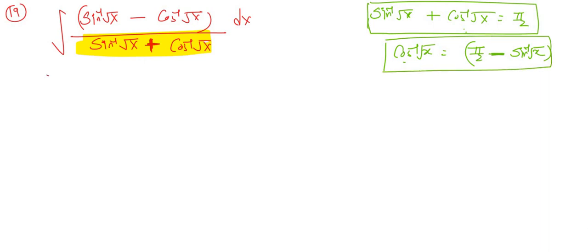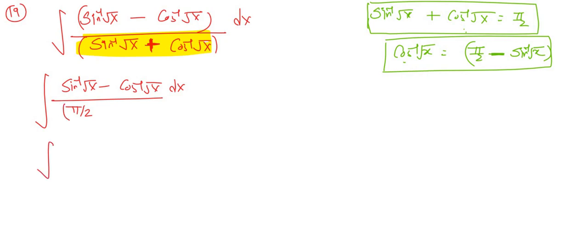Okay, let me use it here. Top part I am just not changing. Top part as it is. The denominator is nothing but pi by 2 dx. So this will reverse and come up as 2 by pi. Correct? This will be reversed and come in front. This is sine inverse of root x minus this thing.